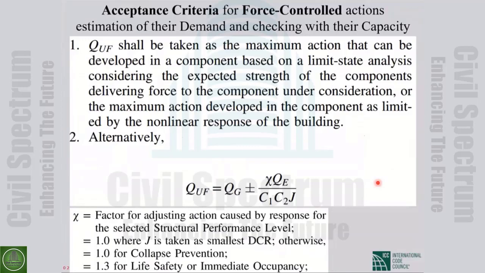So how is it solved? By introducing M factors. If for the deformation control parameters the demand was more than capacity, we look at how much this DCR, this demand to capacity ratio, is.